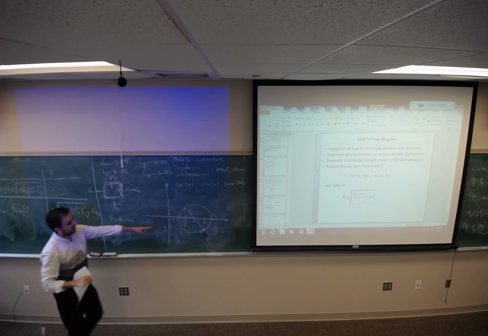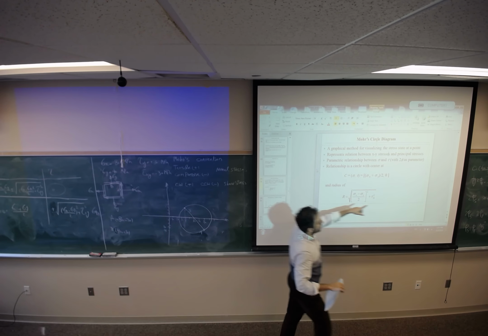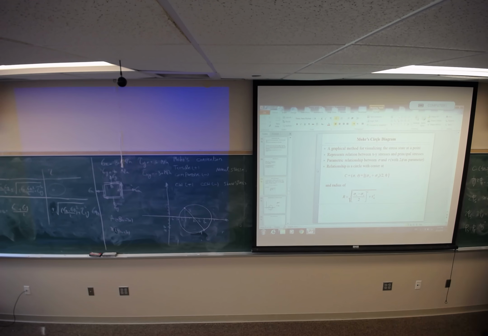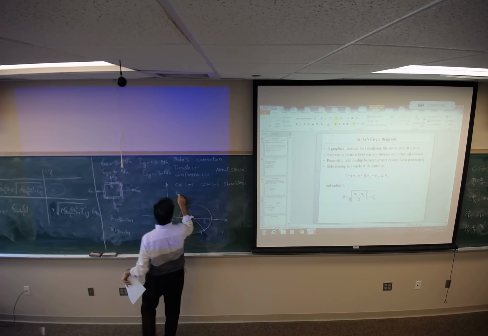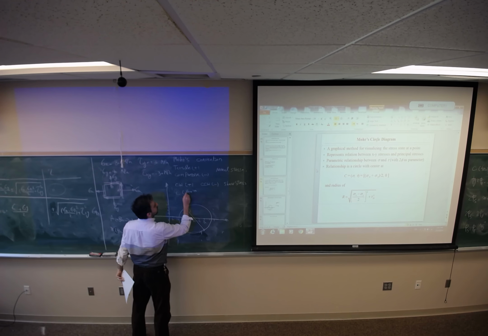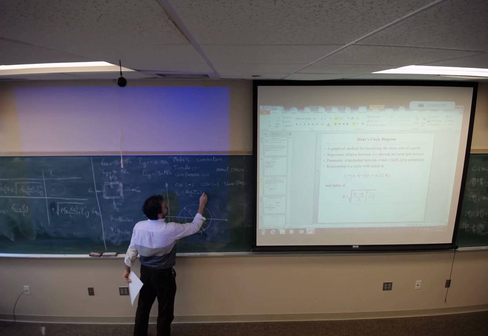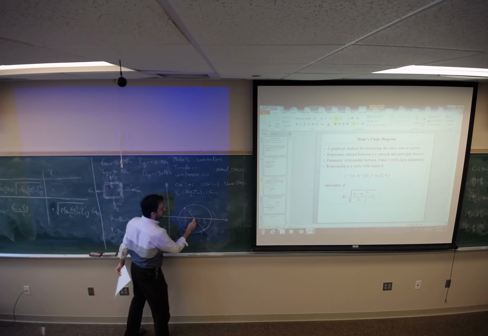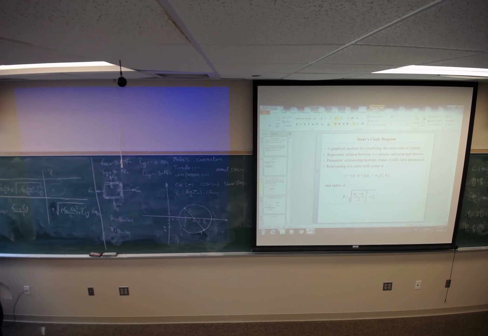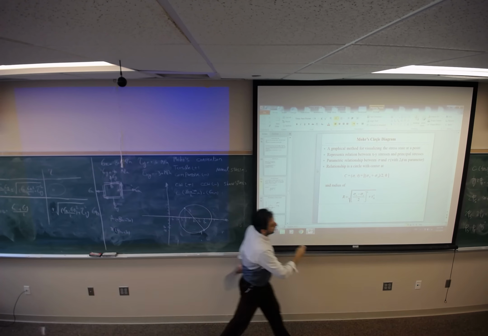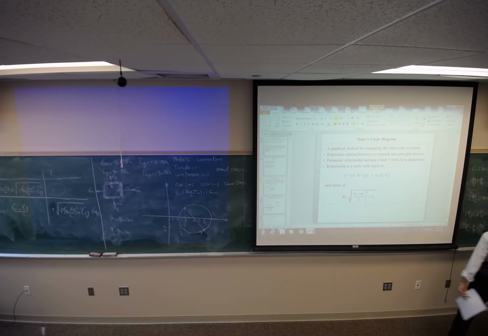Where is the center? Center is sigma x plus sigma y divided by 2. 80 plus 40 divided by 2 and 0, which is 60 and 0. As you see, it's passing through points 60 and 0. What is the R? Let me calculate the R right here.